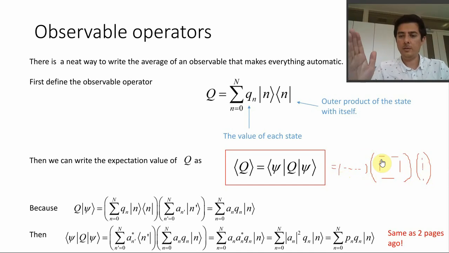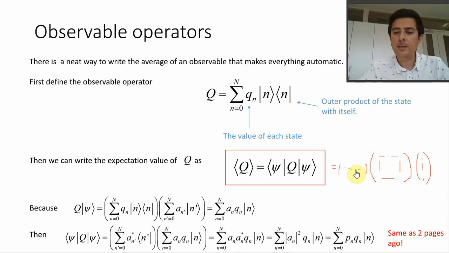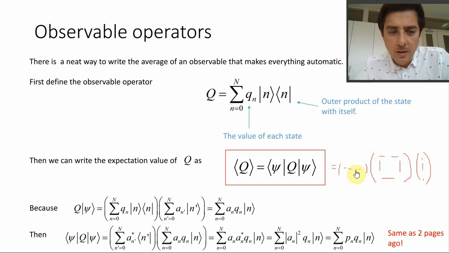So then it's like a column vector. And then when you multiply that by the row vector, this gives a single number. And we need this to be a number, of course, because we can't have the average value being a vector or anything like that. This is a specific number that you want to get for a particular state for a particular observable.